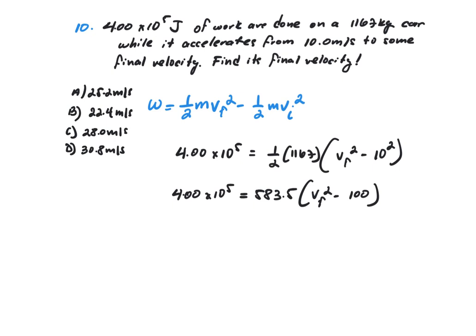If we multiply these two values, we get 583.5 minus 58,350.